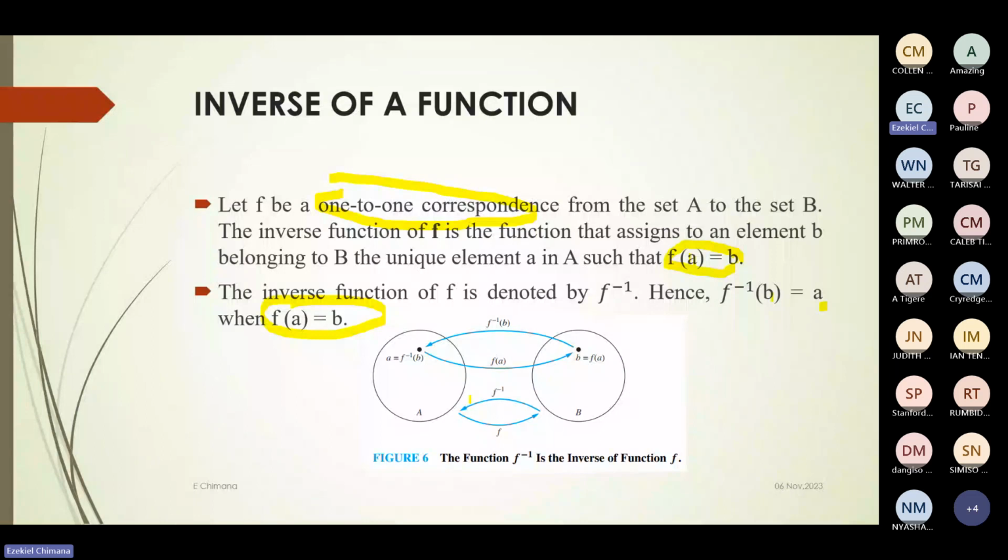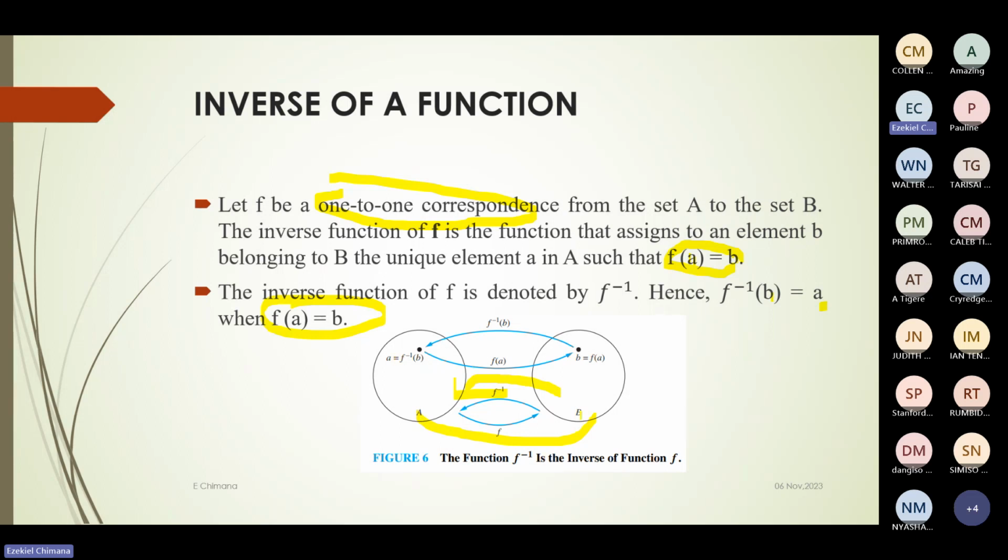So here, this is the diagram that we have for f of a. Let me try to interpret this. From this side to this side, going forward, we are using f, the function itself. Then going back, we will be using the inverse. So to find this value, we are using the inverse.